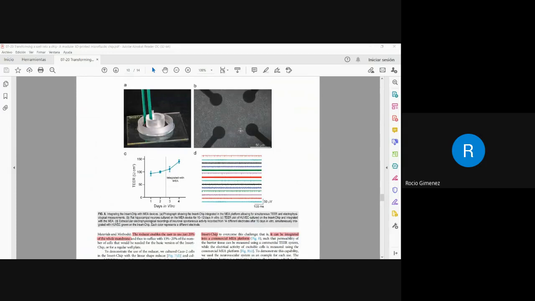They used cubic cells inside this insert chip. When the cells created a confluent monolayer, the chip was placed on top of the commercial array and cultured with hippocampal neurons. As you can see in the picture, barrier permeability was monitored together with neural electrical activity.